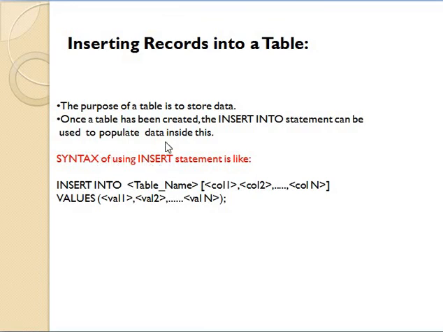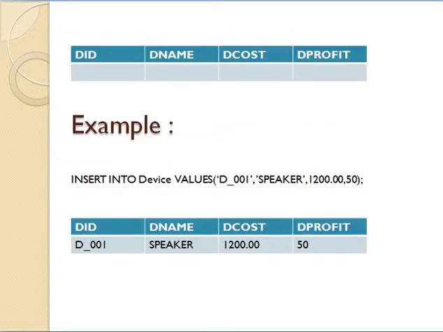Now, using this syntax of the insert statement, I will show you how to insert a particular record into the table using an example. Now consider this insert into statement for inserting values into the table named device.